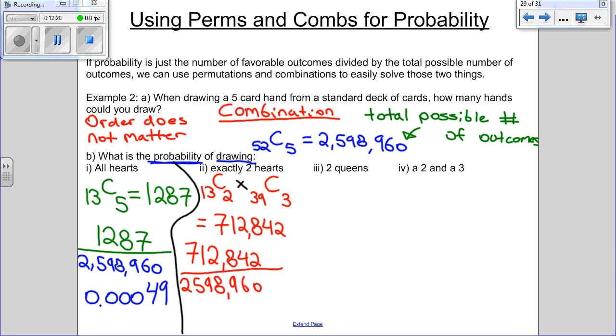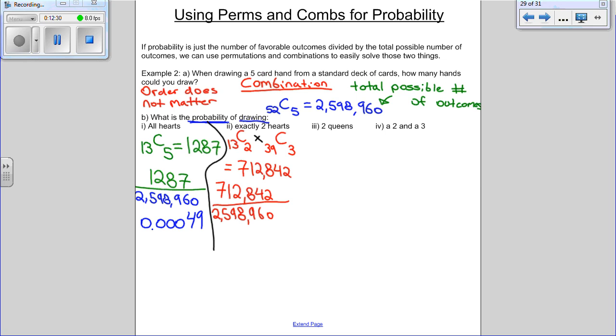That's the probability of that actually happening. You put it in your calculator, it's going to be somewhere around 0.3 something. 0.27. Which means there's a 27% chance that you get exactly 2 hearts.